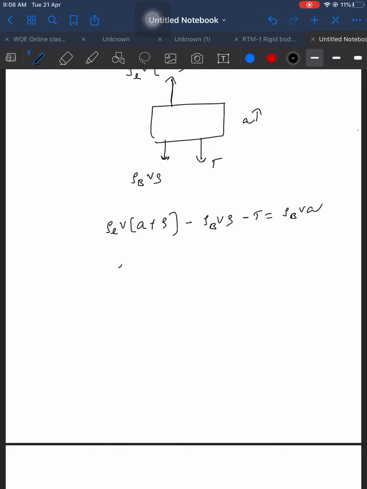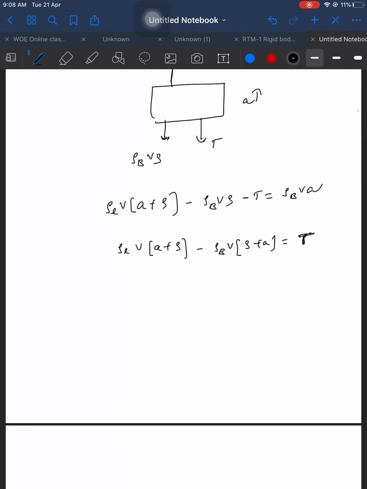Sending it to the other side and taking out the common factor, rho b into v into (g plus a), it is equal to tension. The tension T is equal to (rho l minus rho b) into v into (a plus g).